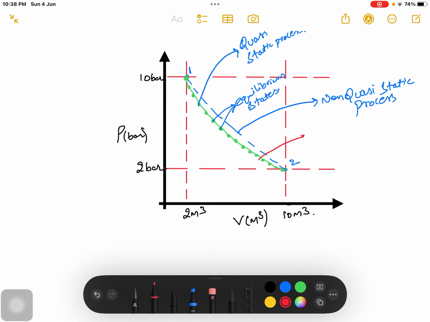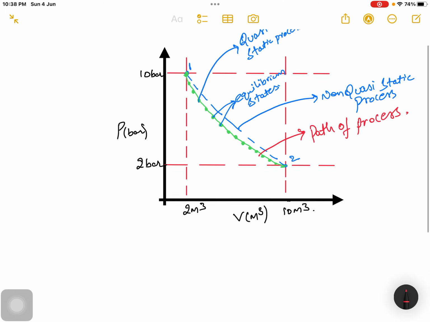So I can write it as, this is the path of the process.